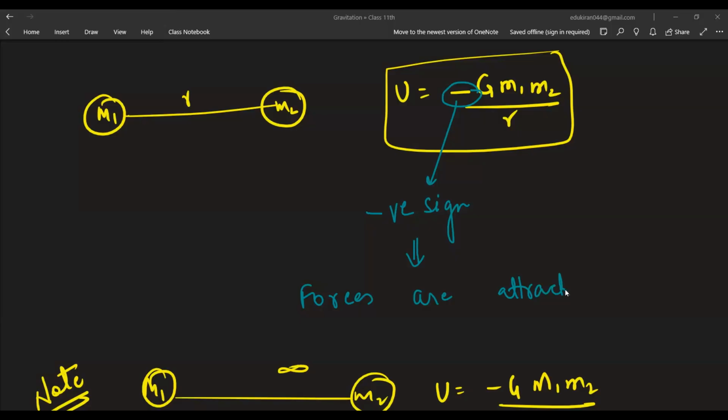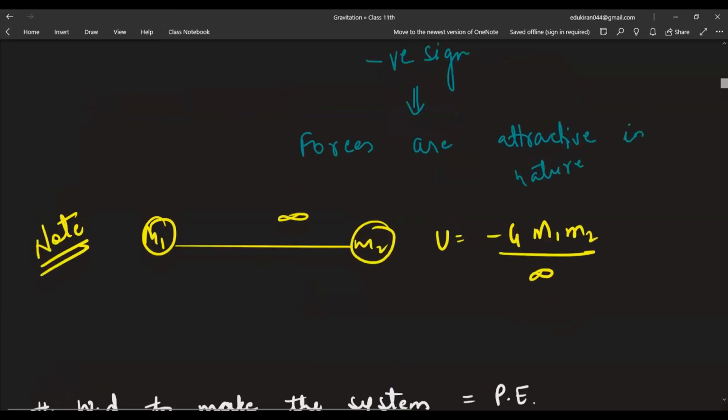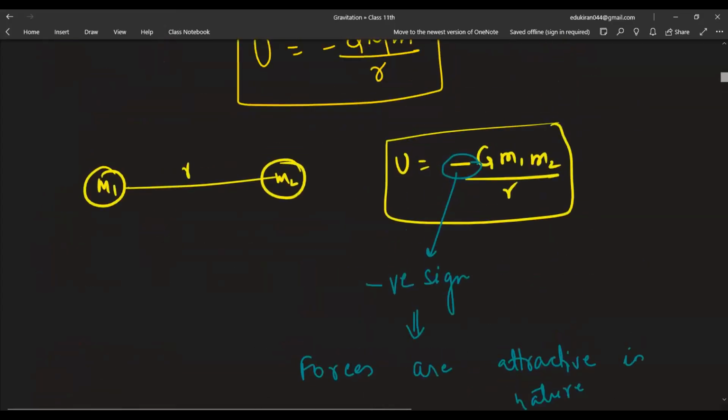This is showing the forces are attractive in nature, means your system is bounded, your system is stable. And that is what is important whenever we have the case of potential energy. If you have your U as positive, it means it is unbounded.